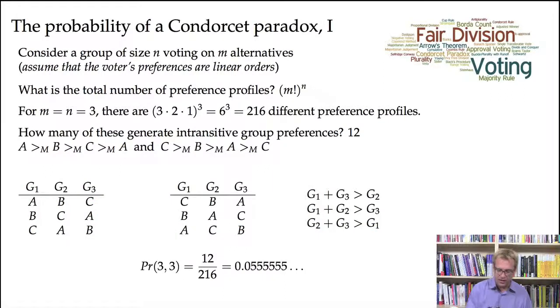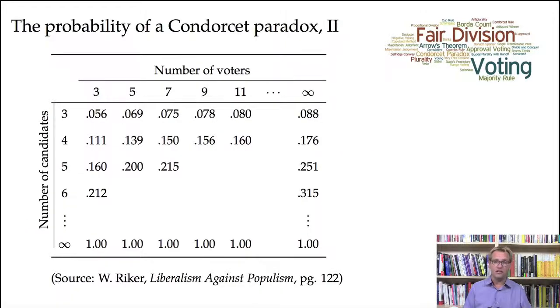Calculating the probability, it's just going to be 12 divided by 216, which is about 5.5%. So that's how likely it is that there will be a Condorcet cycle if there are 3 voters and 3 candidates.